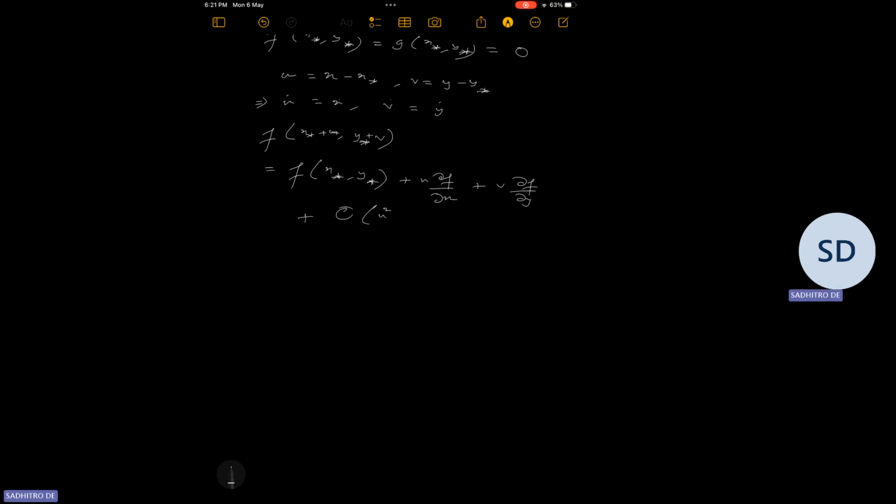So you can have del 2 f del x square, which has a coefficient of u square. You can have del 2 f del y square, which has a coefficient of v square. And you can also have cross derivatives like del 2 f del x del y, which has a coefficient of u v. So we call these the higher order terms. Now, since f at the fixed point is zero, this is equal to u del f del x plus v del f del y plus higher order terms.